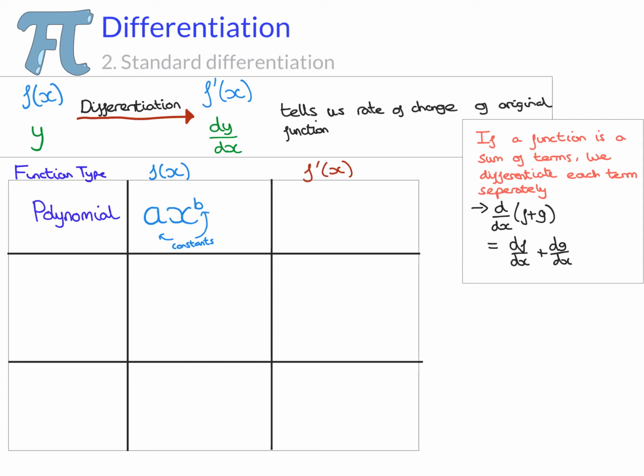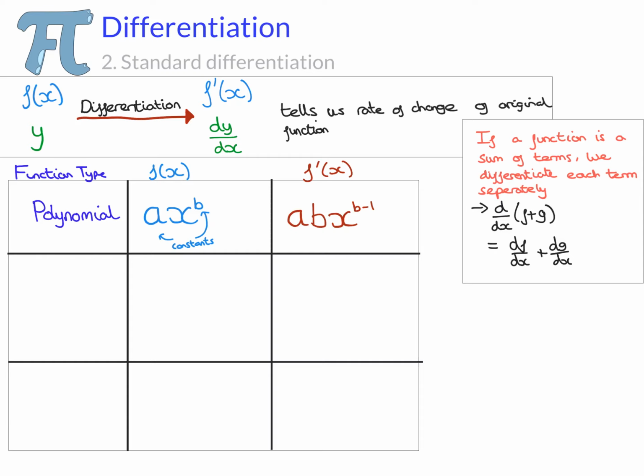We know f of x is of this form, and now we want to know what the differentiated version, f primed of x, will look like, which is the result of differentiating f of x. What we do in the case of polynomials is we take the power b and we bring it down and multiply it by whatever constant is in front, a, and then we decrease the power on the x by 1.